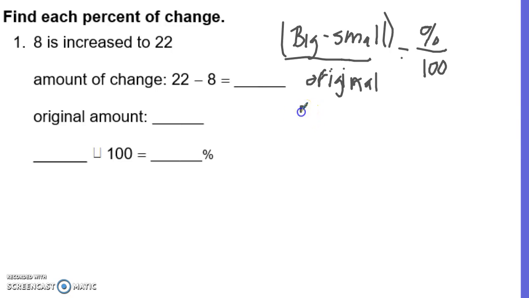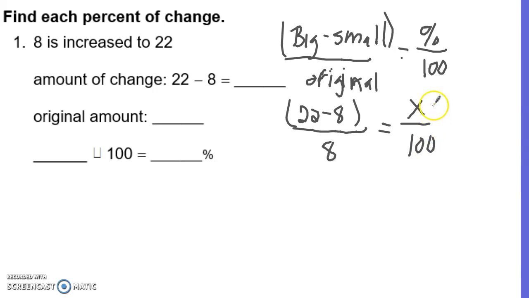So 22 minus 8 over the original, the one that comes first, 8 equals x over 100. So when I subtract 22 minus 8, I'm going to get 14.